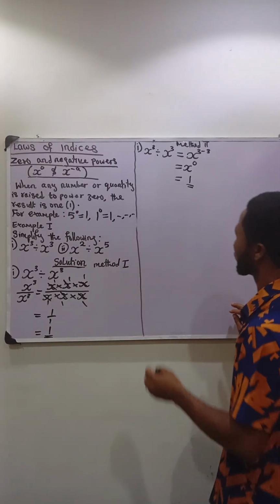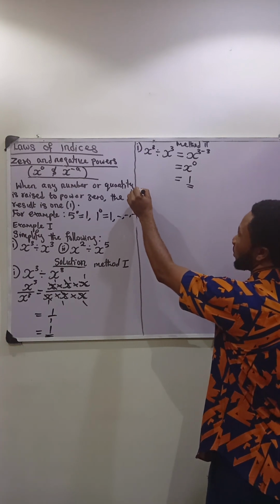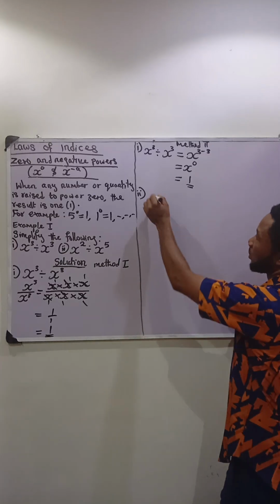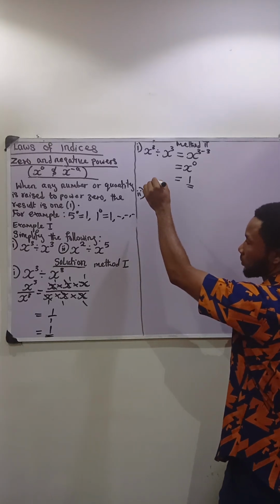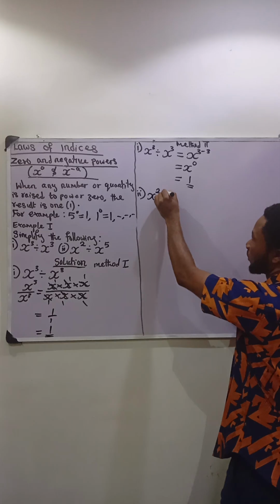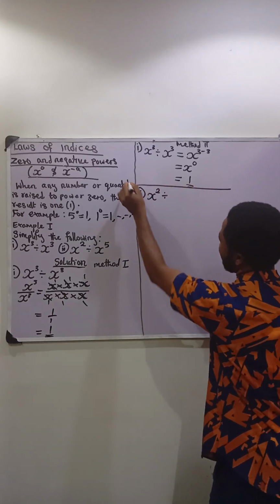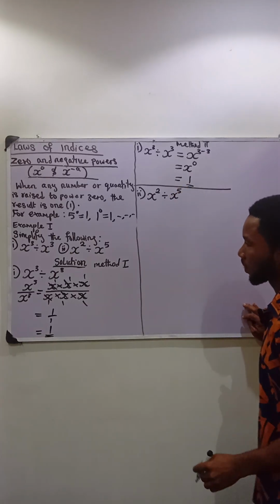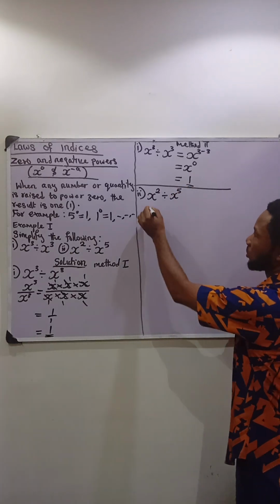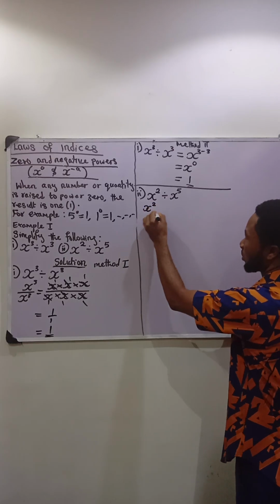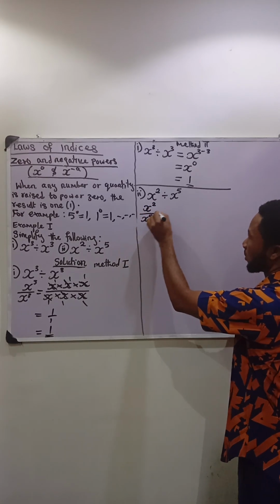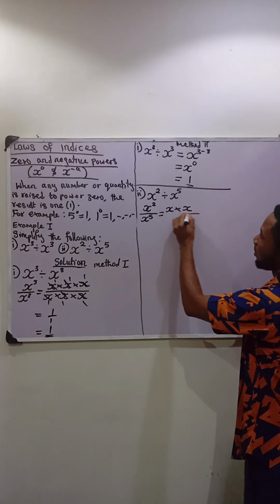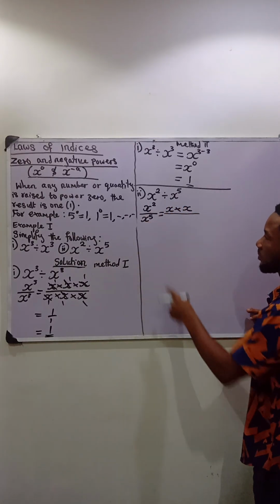Number 2, using method 1 to solve, we have s raised to the power of 2 divided by s raised to the power of 5. You see, we write it like this: s raised to the power of 2 over s raised to the power of 5. Now if you open the s, you have s times s over, how many times does s appear here? 5 times.